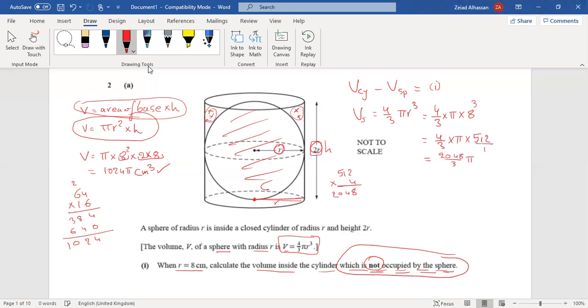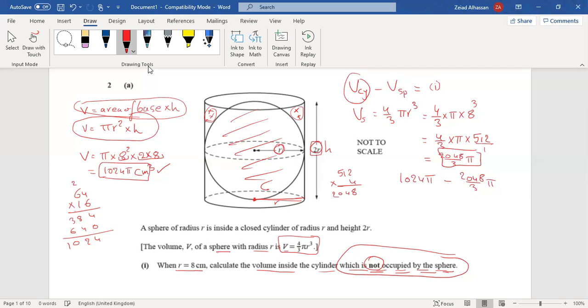So the volume of the cylinder is this one and the volume of the sphere is this one: 1024 pi minus 2048 over 3 pi.